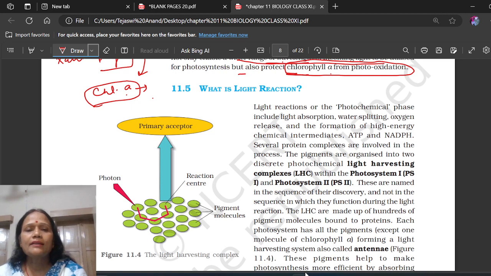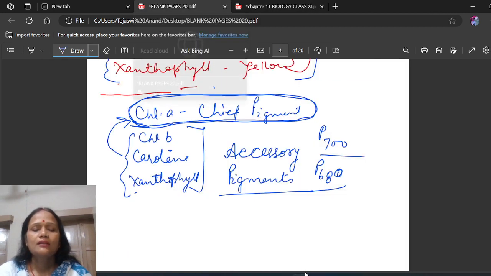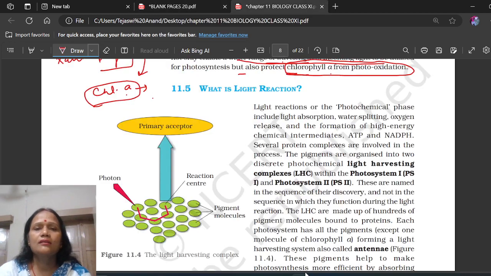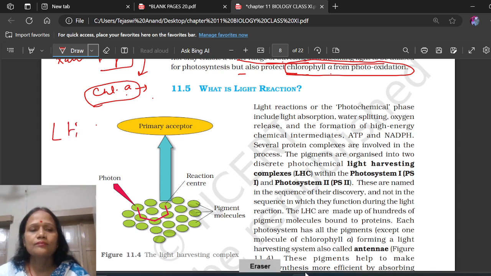Now what is light reaction? If we are going to discuss light reaction, then we shall see that light reaction में हमारे पास 2 complexes हैं, LHC, light harvesting complex. Light harvesting complex 2 प्रकार के होंगे. One will be PS2 and one will be PS1.